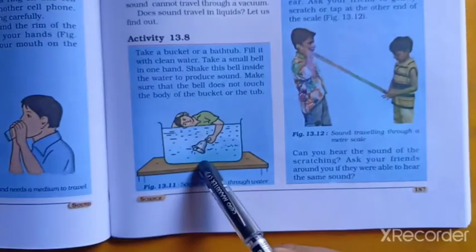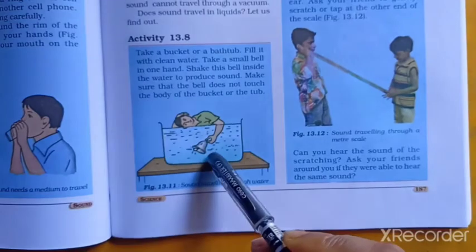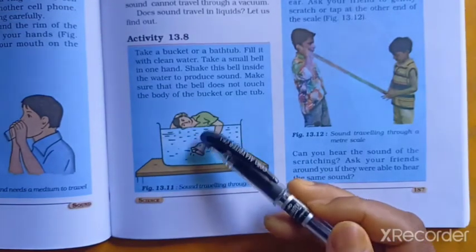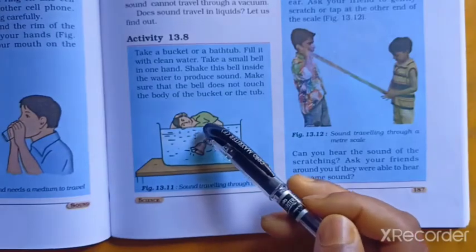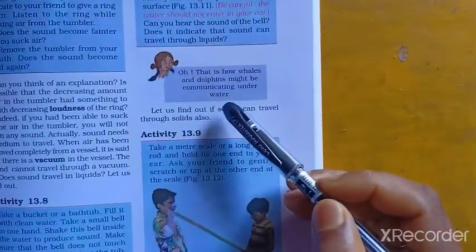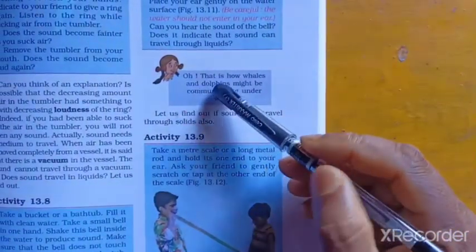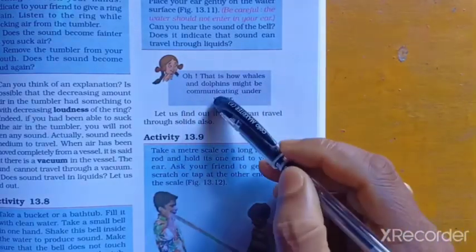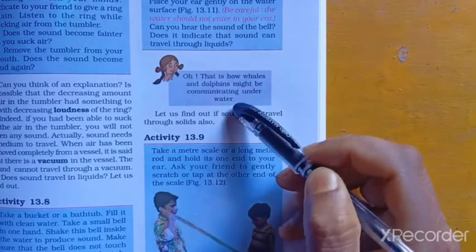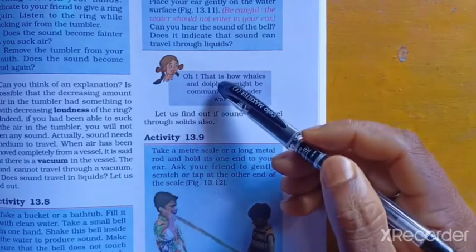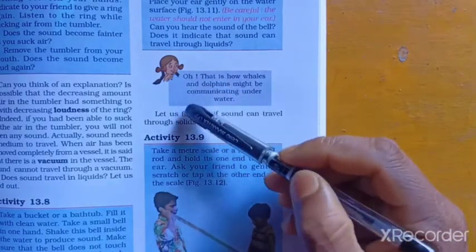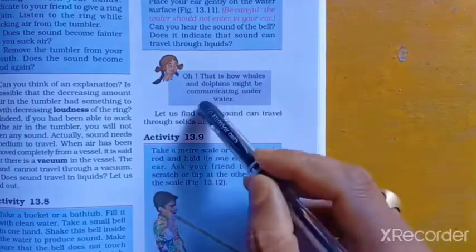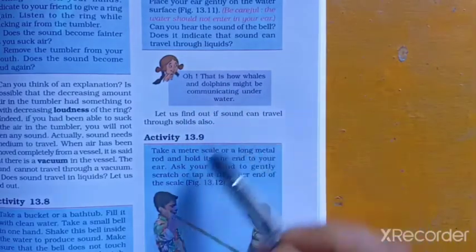By this activity, when you shake the bell, yes, you can hear the sound of the bell. The girl says, oh, that is how whales and dolphins might be communicating underwater.